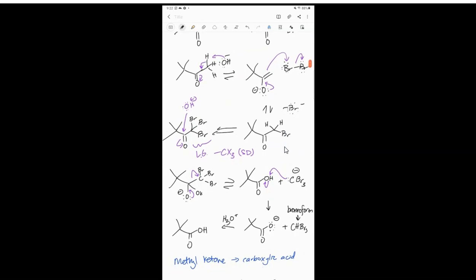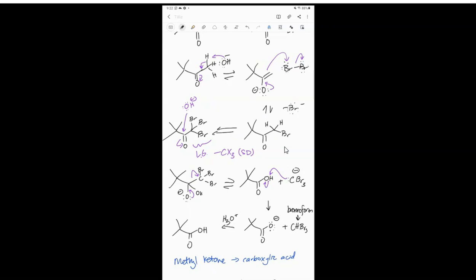So, first step, base-catalyzed, is to remove a proton. You form your enolate, which then acts as a nucleophile and attacks bromine. Do this several more times, and you end up with 3 bromines on that, which now we're going to use as a leaving group. So your base will come in and attack your carbonyl.